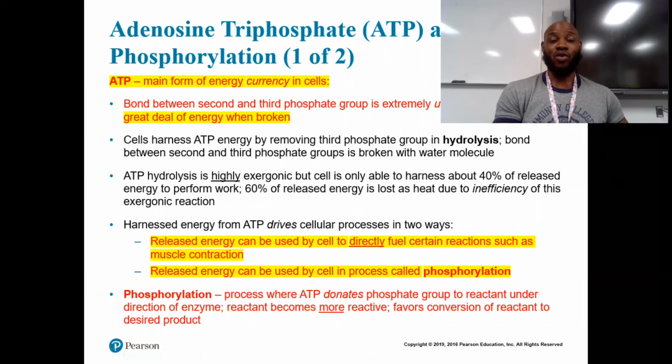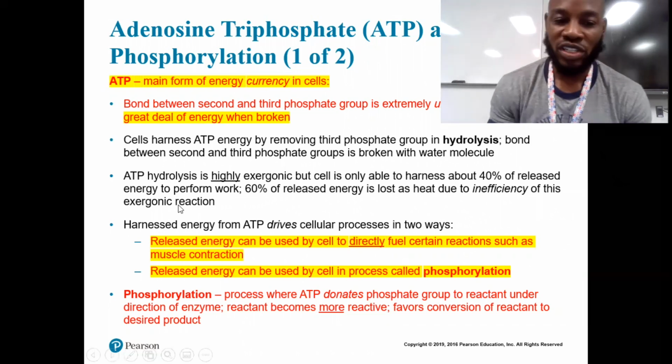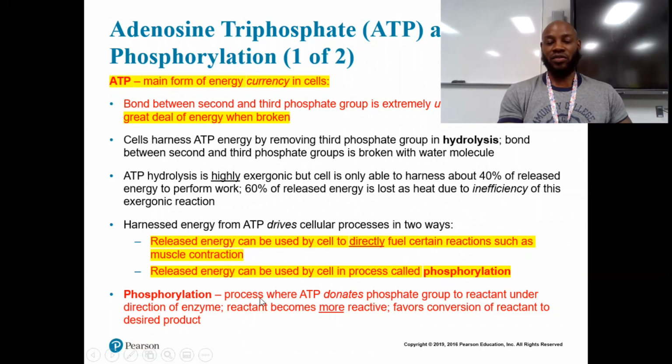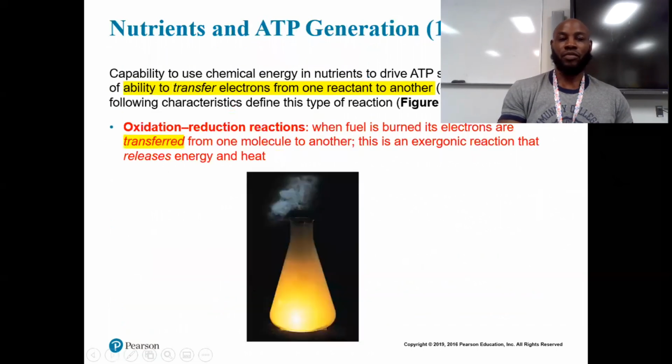That's why we're nice and warm. That harnessed energy, that 40%, can be used to directly fuel reactions, such as muscle contractions, or it can be used in a process called phosphorylation, adding a phosphate to something. Okay.